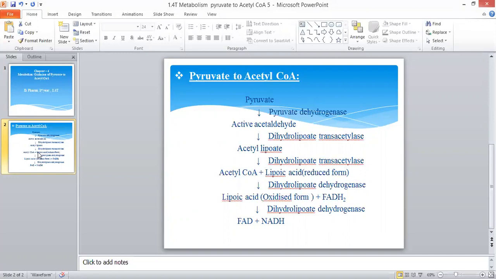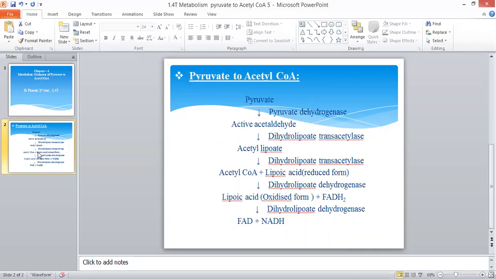Number 1, pyruvate decarboxylase, number 2, dihydrolipoyl transacetylase, and number 3, dihydrolipoate dehydrogenase. Now, the reaction.